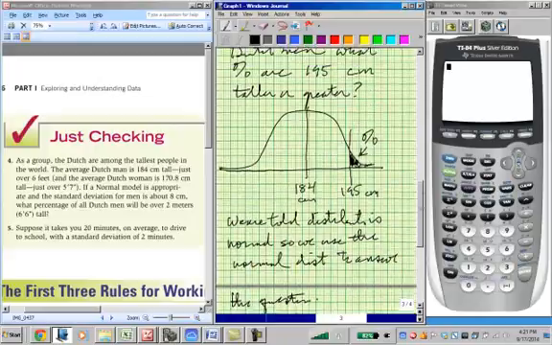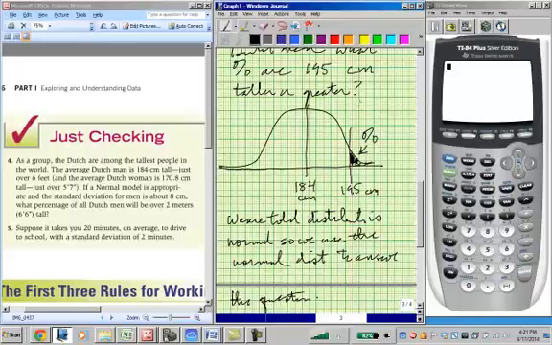So let's label this 11/8 right here. Now we want to go from here all the way out many standard deviations. Let's say, I always say 99 just for the heck of it. We're using z-scores, or standard deviations. We want to go from z equals 11 over 8 to z equals 99.